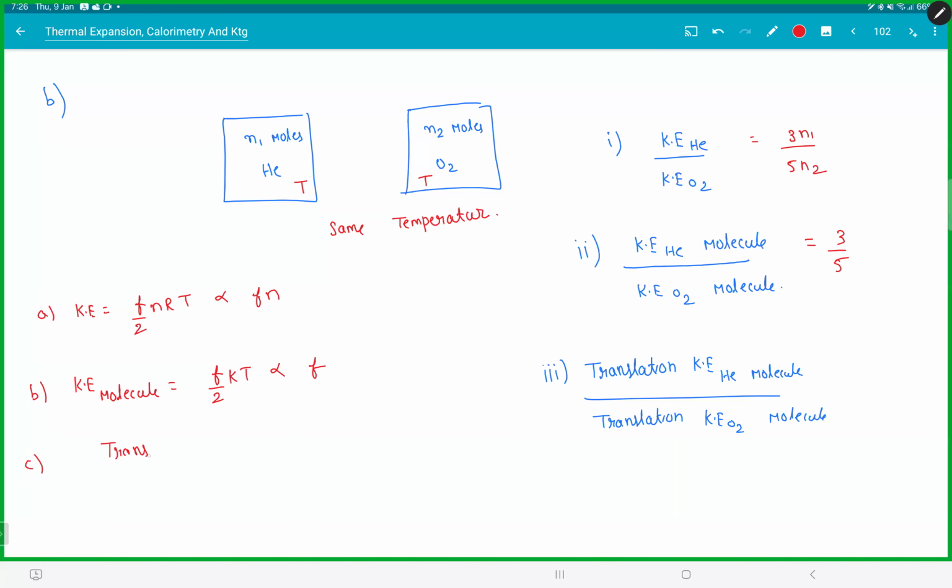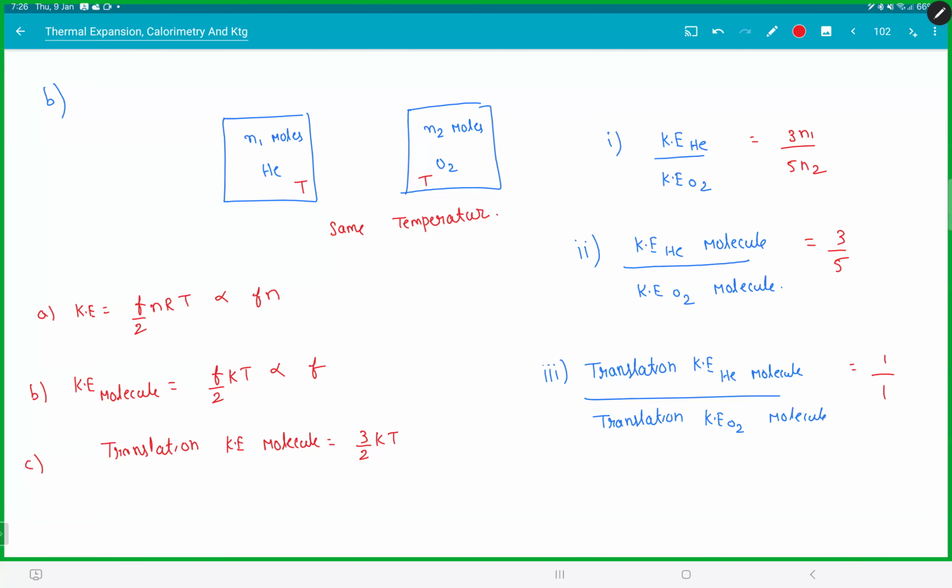Now, if you talk about the translational kinetic energy of a molecule, it has only 3 degrees of freedom. That is only 3 by 2 kT, which is constant. 1:1. That means at a given temperature, no matter which kind of molecule you take, translational energy will be the same. Is this making sense, everyone?